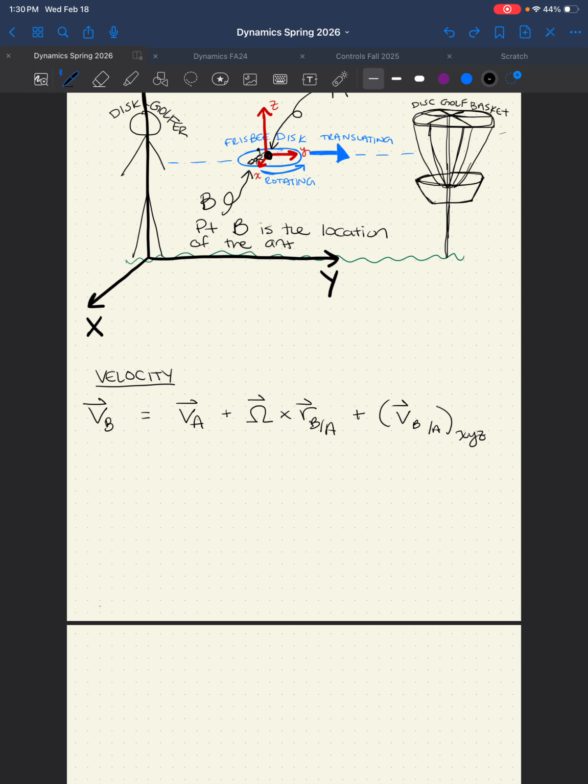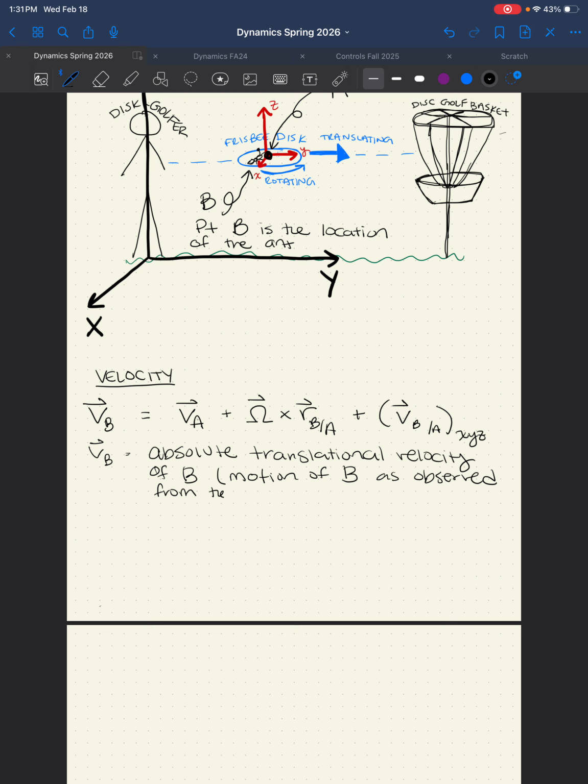Okay, so VB on the left here, this is the absolute translational velocity of B. Or in other words, this is the motion of B as observed from the big X, big Y, big Z frame.